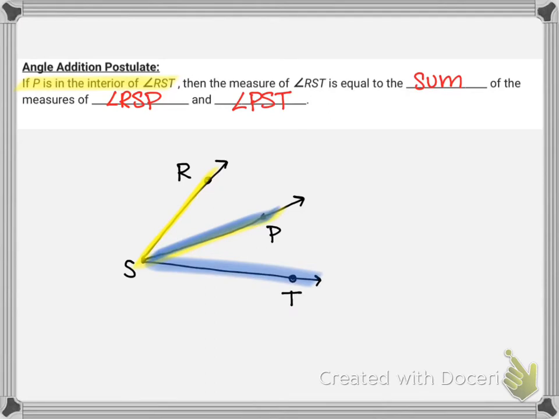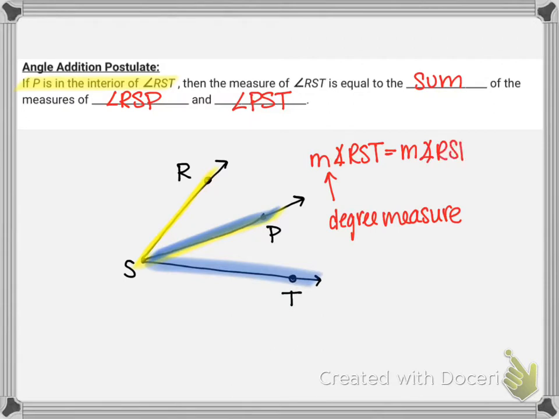So we could also use a math sentence to describe this. We would say the measure, and this is how for angles we say the degree measure. That's what we use when we're talking about the size of an angle. So the measure of angle RST equals the measure of angle RSP plus the measure of angle PST.